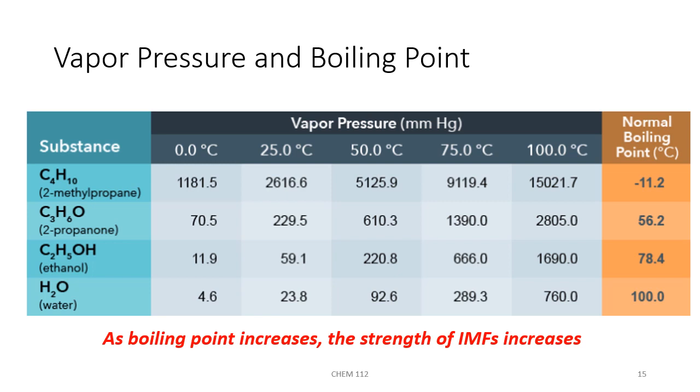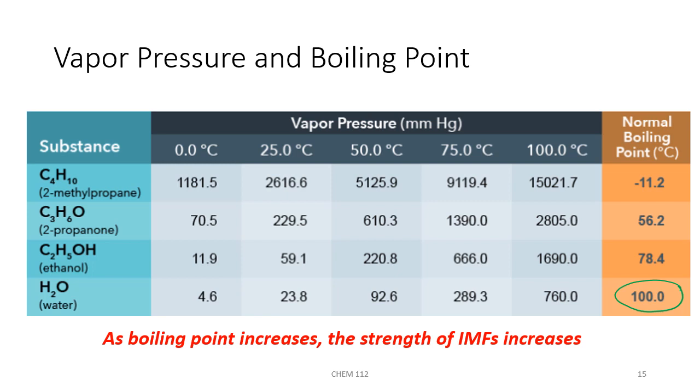The following chart shows vapor pressure data and boiling point data for the 4 molecules that we just looked at on the previous slide: 2-methylpropane, 2-propanone, ethanol, and water. Water, we can see, has the highest boiling point of the four, which we predicted based upon its 2 hydrogen bonds per molecule. The boiling point increases as the strength of the intermolecular forces increases.